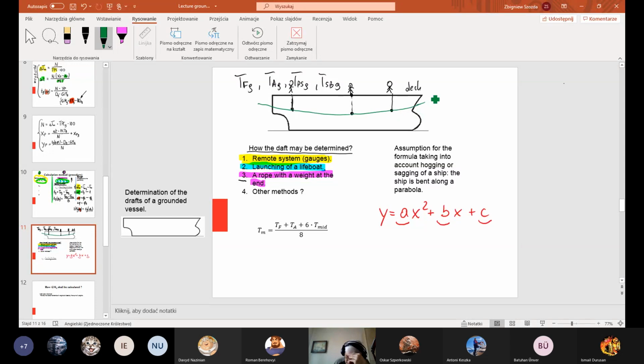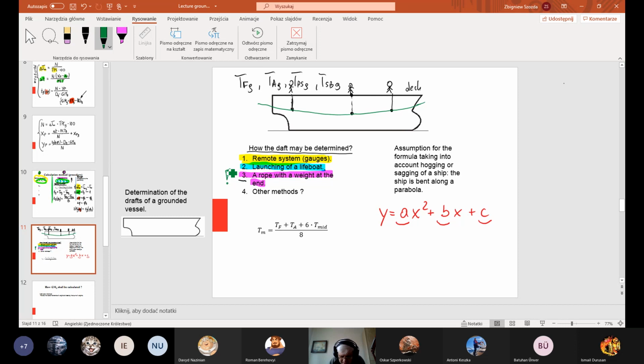I am not experienced in such determination of drafts, but it seems to me that this is a method that can be used frequently after grounding. Not to measure drafts directly on draft marks, which is almost impossible in ship operation.